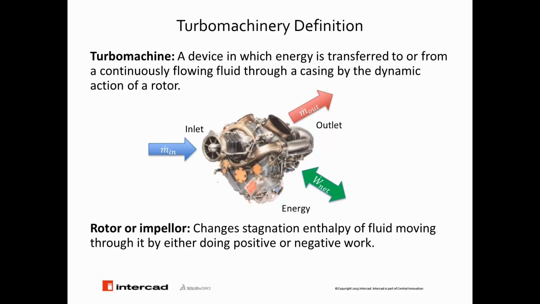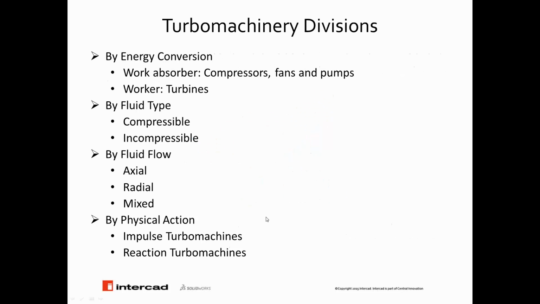Based on this simple concept, we can divide our turbomachines first by energy conversion, where we have work absorbers such as compressors, fans, or pumps, and the other types which produce work, such as turbines. Also, we can have a division by fluid type.